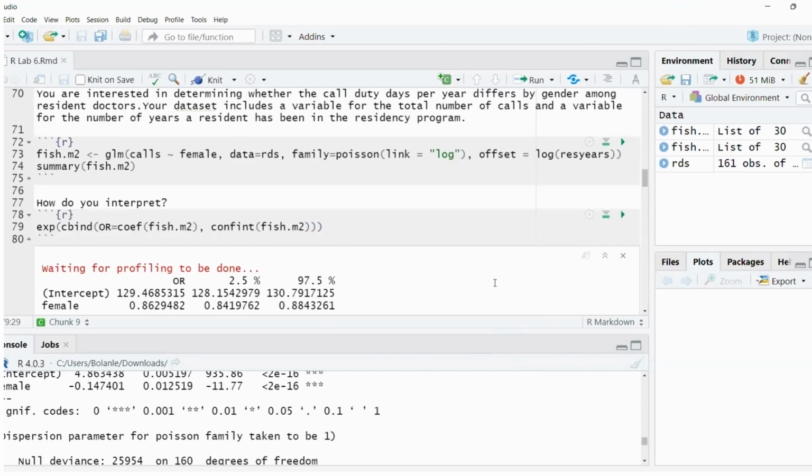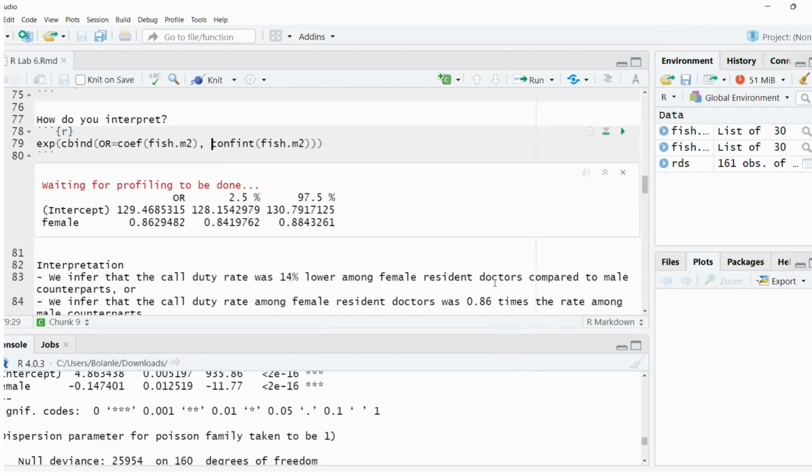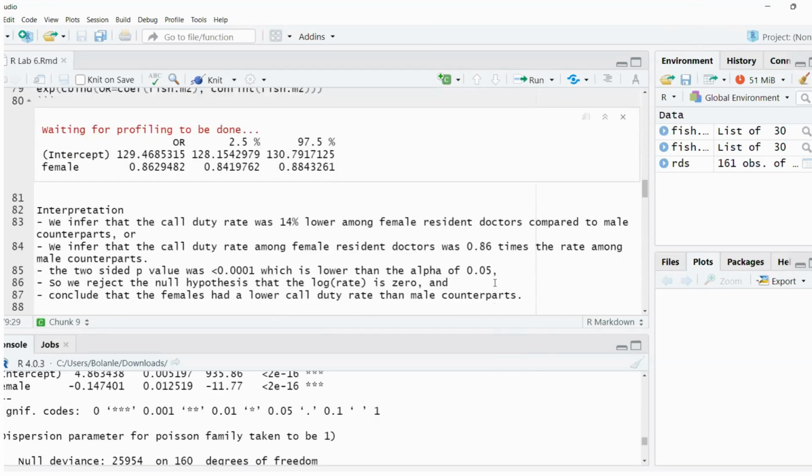So in the interpretation, I couldn't see any introduction of the residency years being controlled. I expected the interpretation would be that females have 14% lower wrong calls on average compared with the males, while controlling for number of years of residency.